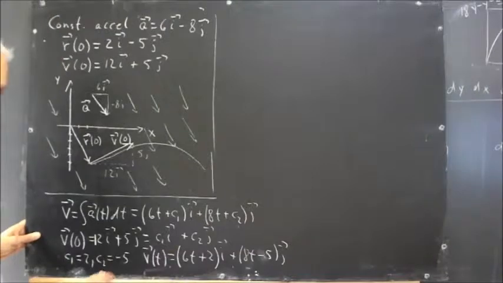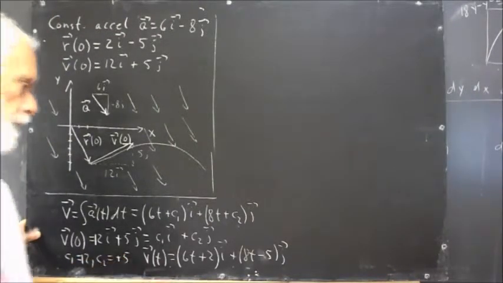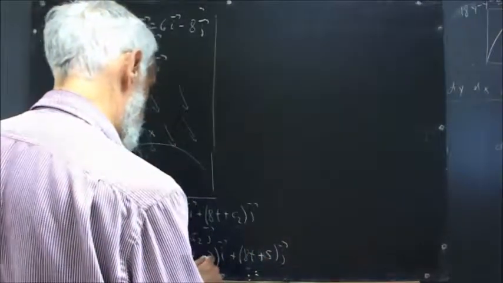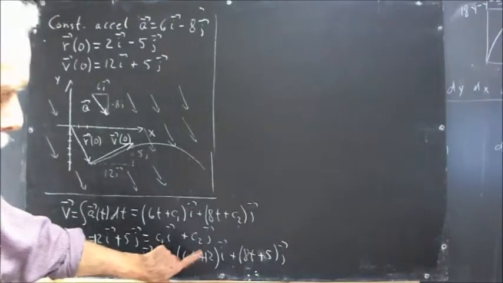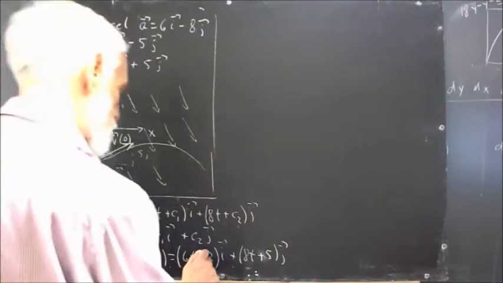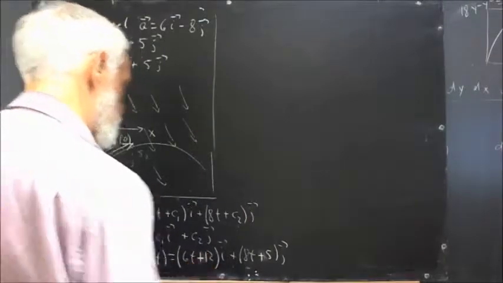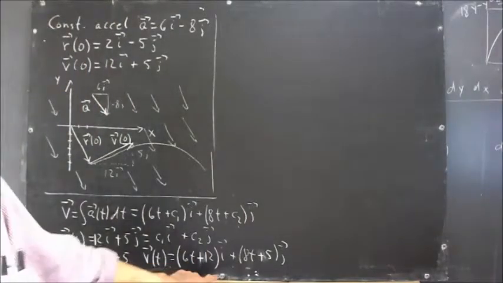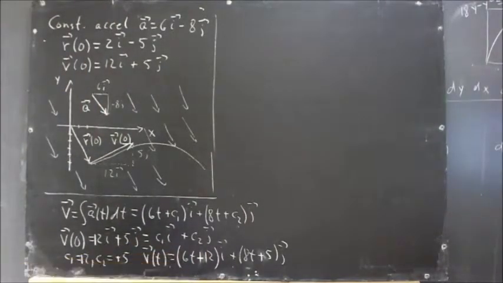I'll make this plus 5, and that'll make this 12. Okay, so there's our velocity function.